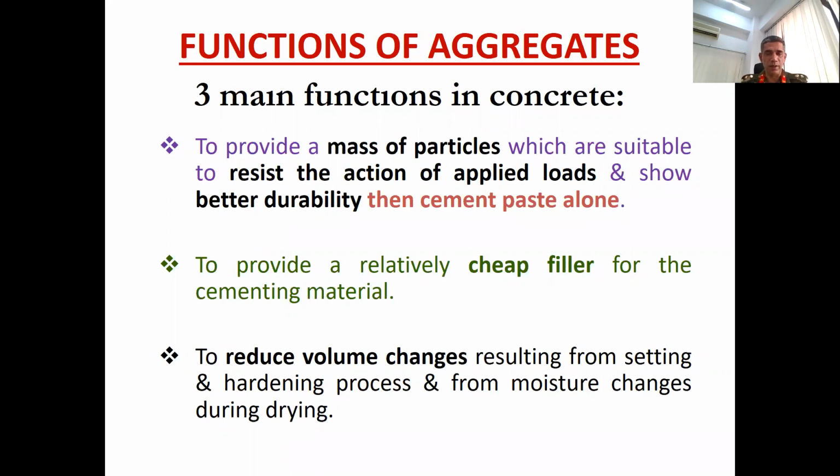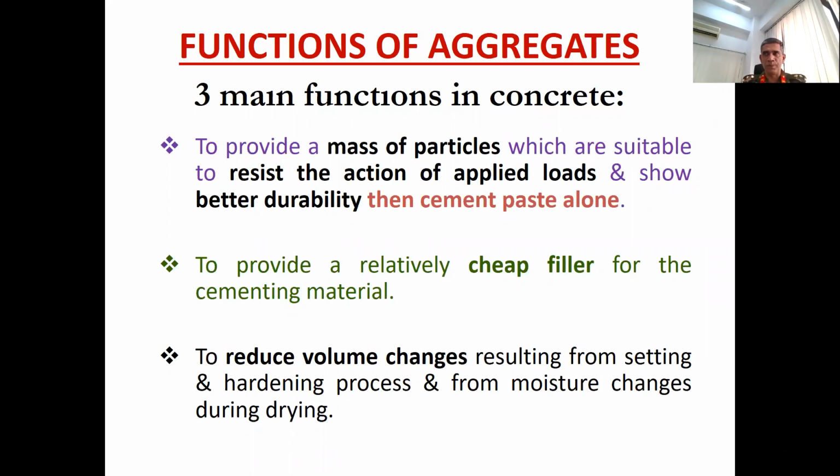So if we use aggregates, that reduces the volume changes. Instead of aggregates, if you use only cement paste, you will observe huge volume changes. At the same time, when the concrete gets hardened, the moisture within the concrete will change, and gradually the moisture will evaporate or be absorbed.